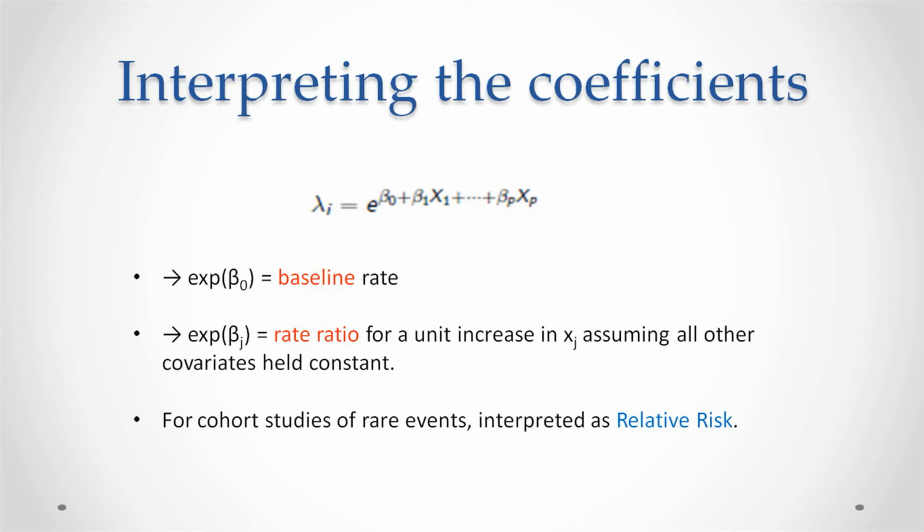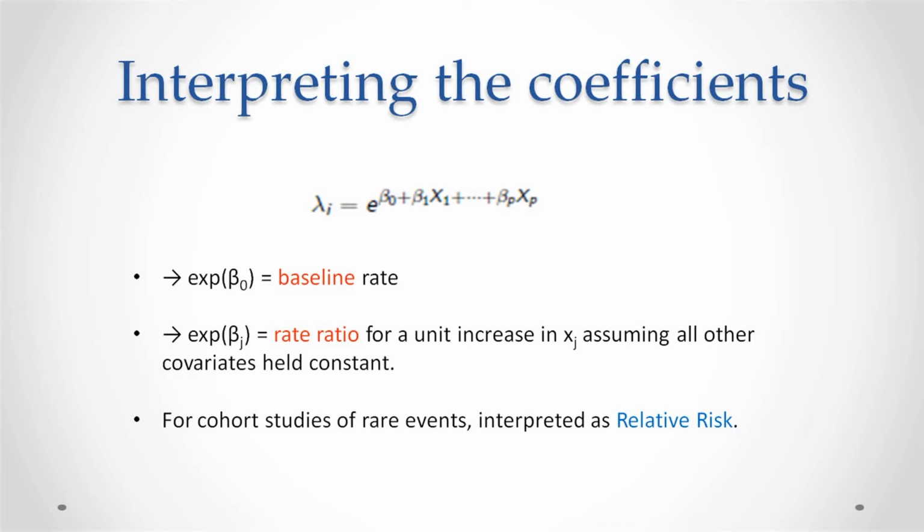Taking the difference of these two models, we see that e to the power beta j turns out to be the rate ratio, that is the ratio of the corresponding lambdas for a unit increase in xj, assuming all other covariates held constant. Thus, the interpretation of the coefficients in this situation is that beta naught is the baseline rate and beta j are the rate ratios for a unit increase in the corresponding covariates.